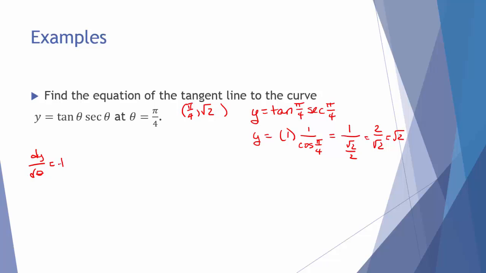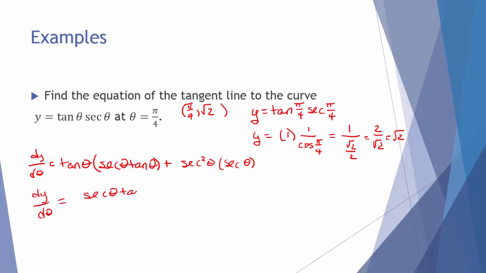So I will have the tangent of theta times the derivative of secant theta, which is secant theta tangent theta, plus the derivative of tangent theta, which is secant squared theta, times secant theta. If we clean that up a little bit, dy d theta is secant theta tangent squared theta plus secant cubed theta.